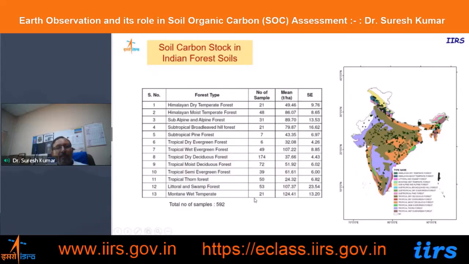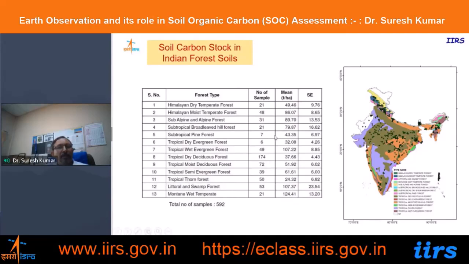It is shown here, and we estimated the soil carbon stock and soil carbon density. What is the difference between soil carbon density and soil carbon stock? If you multiply soil carbon density with your area, then it becomes soil carbon stock.